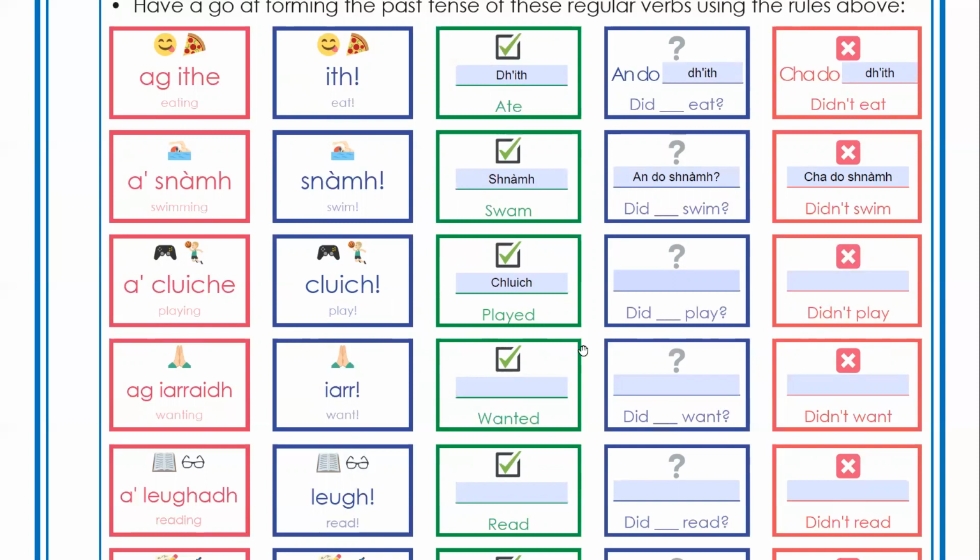Clúich me. Again, and do in front of all of these, and they all lenite. So and do clúich. Cha do clúich. Didn't play.